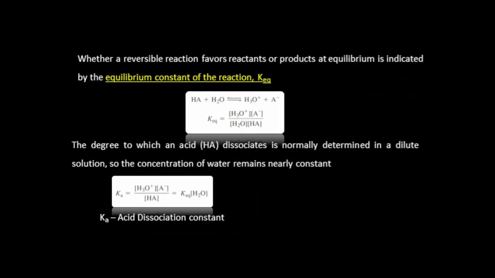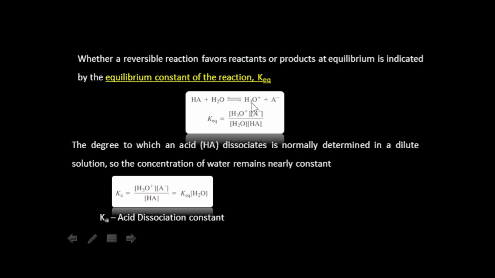Okay, whether a reversible reaction favors reactants or products at equilibrium is indicated by the equilibrium constant. How will you write the equilibrium constant? It is K equilibrium. Take a simple reaction: HA, which refers to the acid, donates H plus to water.